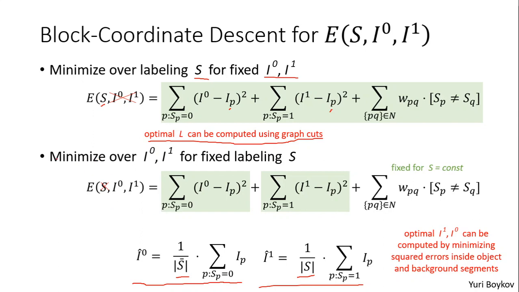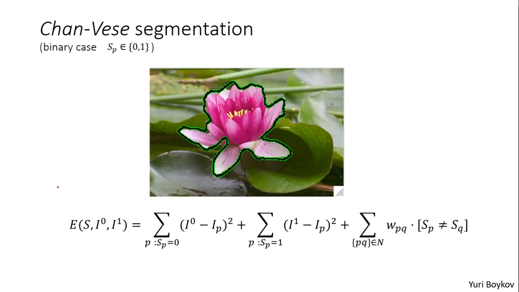After that, you minimize over I0 and I1. It's a simple minimization. You can find the squared error inside the object and background segments, which would give the answer. So you have to alternate between these two. When you alternate between these two, you will find a good segmentation.